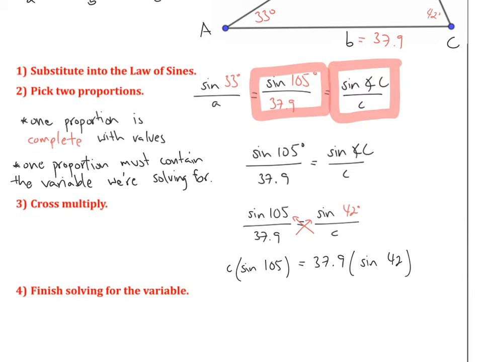This keeps you from being confused and trying to decide, am I supposed to multiply 42 with 37 and 9/10? If you had written this on the right side, you might accidentally multiply these two numbers together. So we write the numbers in the front so that we know this is 37 and 9/10, and you multiply that to sine of 42, not just to the number 42.